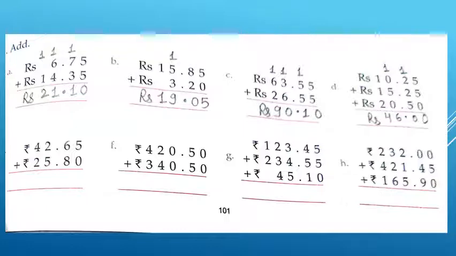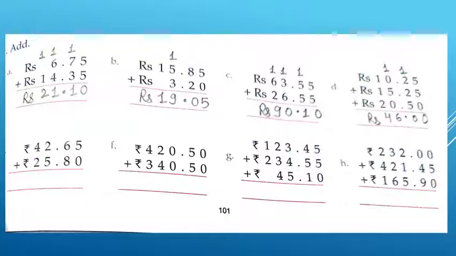Now 6 plus 3 is 9 plus 1, 10. So write 0 there and 1 carry. Now children, 6 plus 2 is 8 plus 1, 9. So write 9 there and write rupees below rupees. And children, put a point in the answer. So your answer will be rupees 90.10.